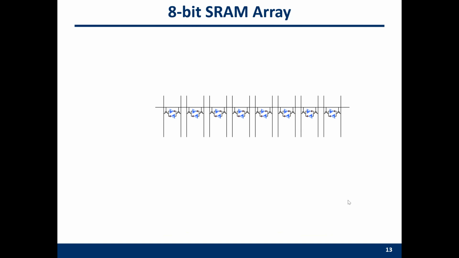These cells share the same line, and that line can control the access transistors for all the cells shared by this line. This is the sharing, and this line connects all these cells.